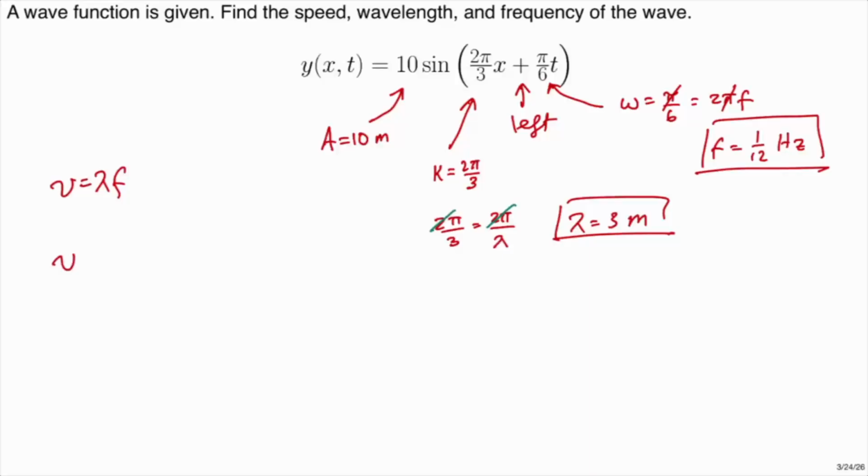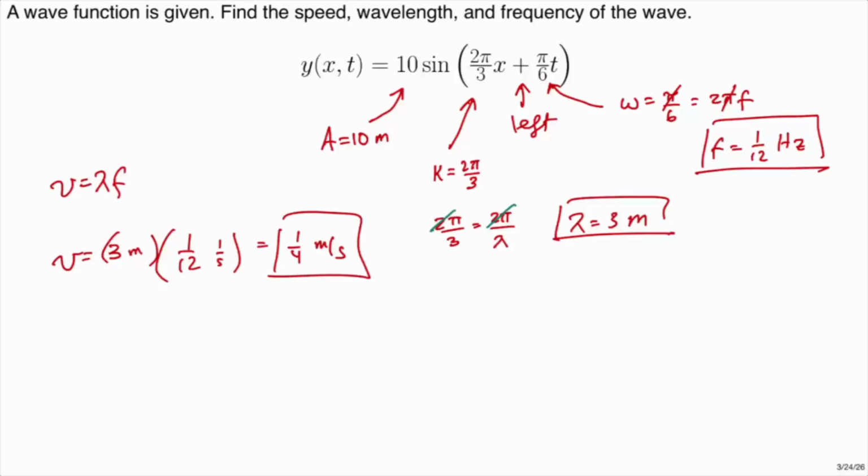Just multiply them together, right? The wavelength is 3 meters. Frequency is 1/12 hertz, which is 1 over a second. 3 divided by 12 is 1/4. Job done.